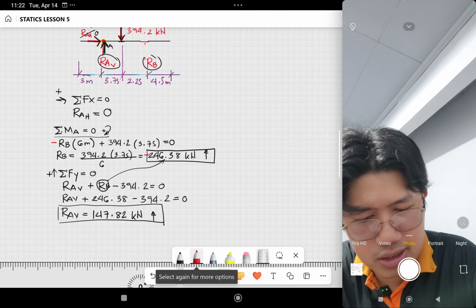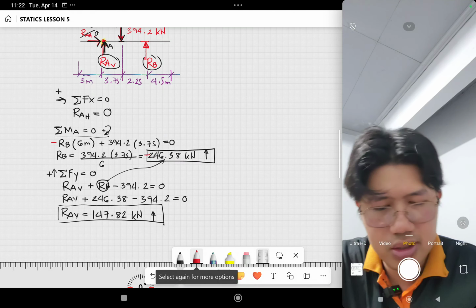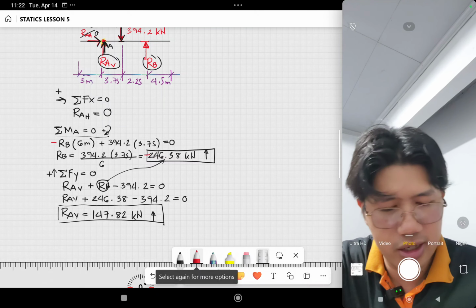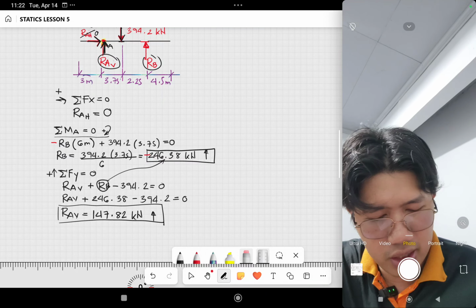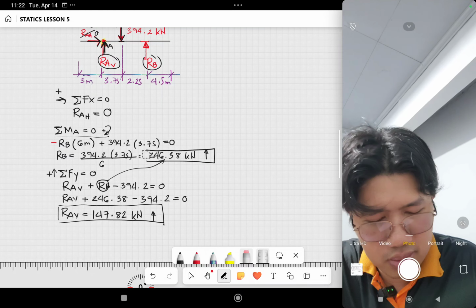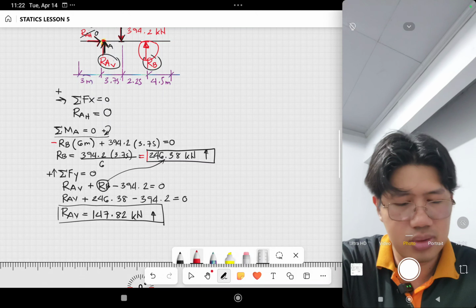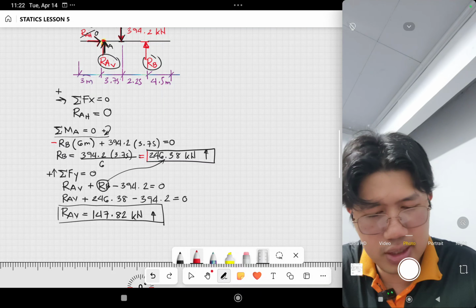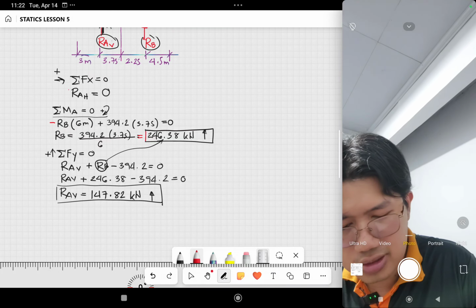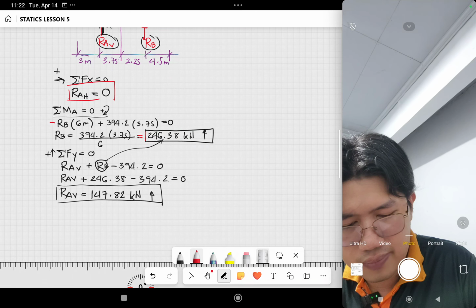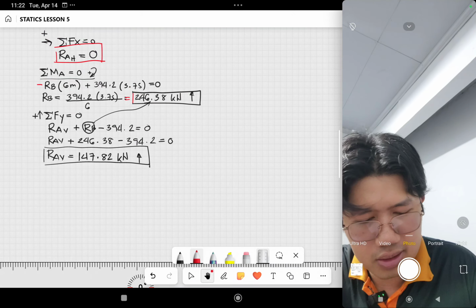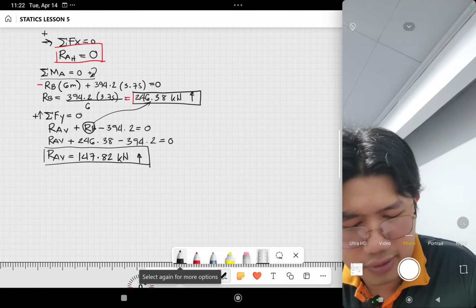Negative indicates that you have assumed the wrong direction at the first step in drawing the free body diagram. So pag ganon, you can now transform the answer into a positive answer kapag tinama mo na yung direction mo doon. Okay? So actually, ito na yung mga answers, but I will give a second alternative solution to solve RAV.